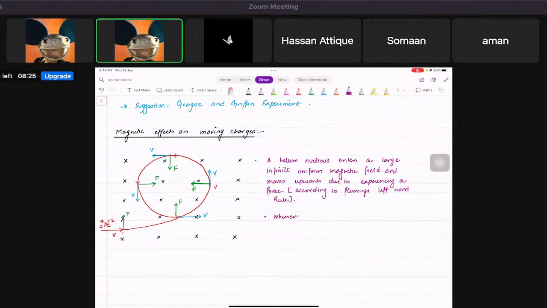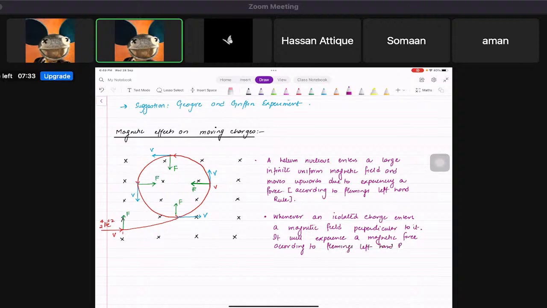Whenever an isolated charge, which means there are no other forces really, enters a magnetic field perpendicular to it, it will experience a magnetic force according to Fleming's left hand rule.